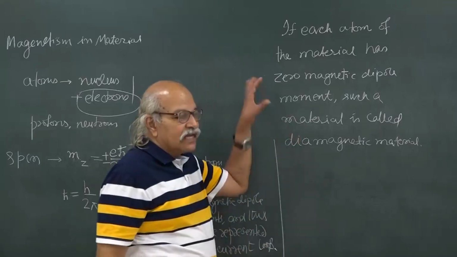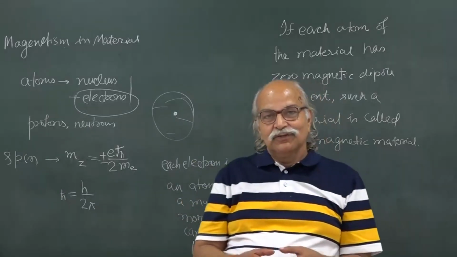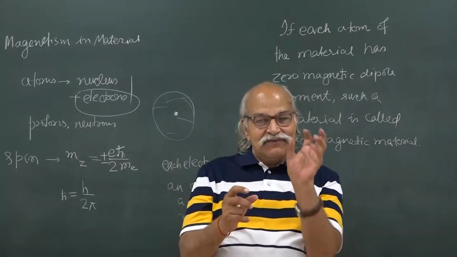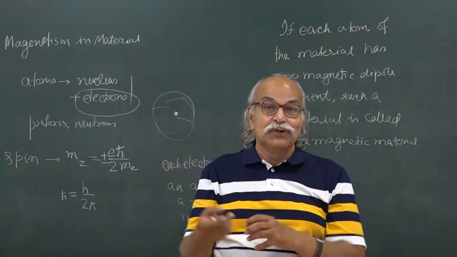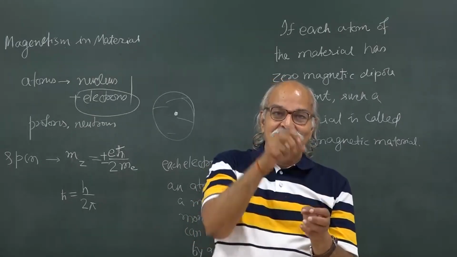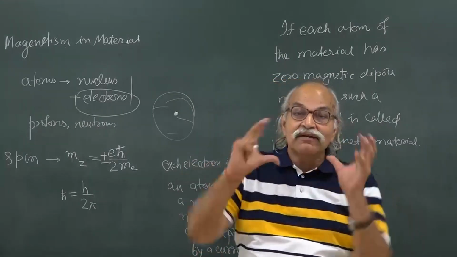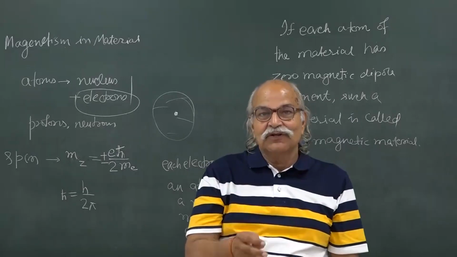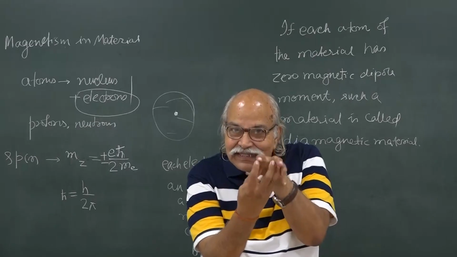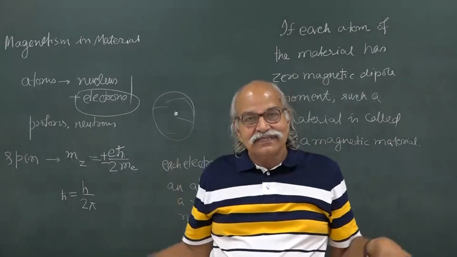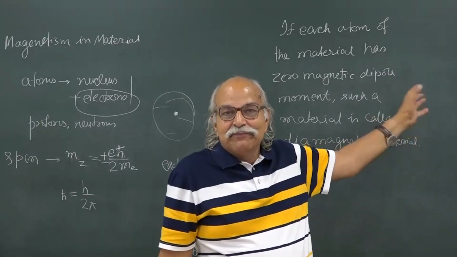And when I am saying each atom, it is in a slightly broader sense. You may have molecules, so a molecule can also be one unit. You have an atom here, you have an atom here, and there are some electrons which are shared. You do not know whether this electron belongs to this atom or that atom, but as a whole it is possible that the molecule, which is the unit, or if it is an ionic solid, then each ion, as such is neutral and does not have a magnetic dipole moment.